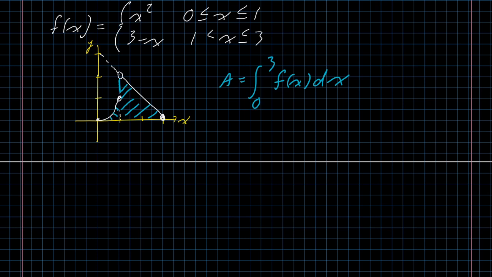But we know, when dealing with area, that you can split a region up into simpler regions, calculate the area of each, and add the areas together to get the total area of the region. So we can take that area and separately calculate the integral from 0 to 1 of f of x, and the integral from 1 to 3 of f of x.